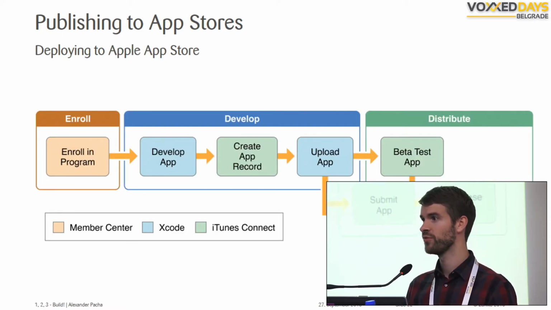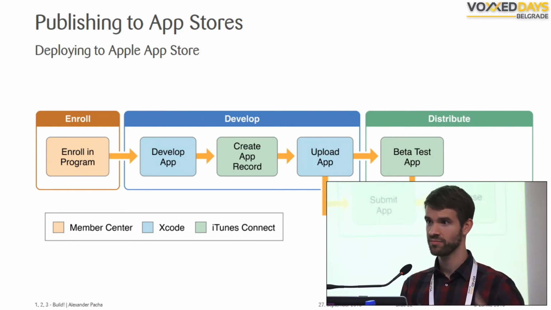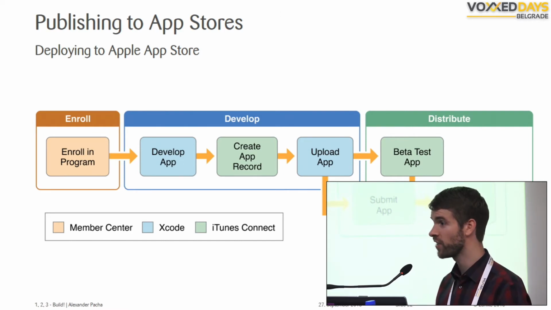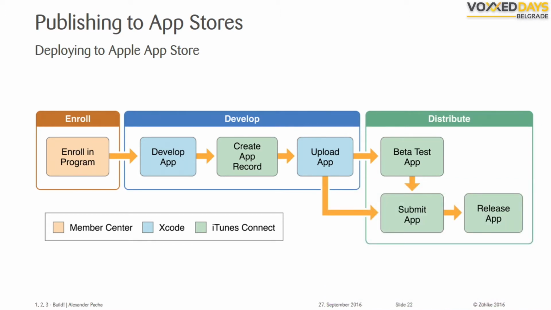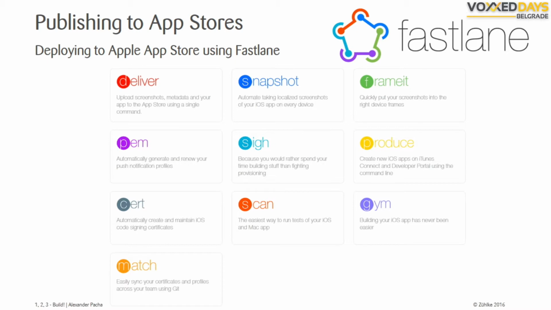If you develop for iOS, you have the same game, but a different flavor. So this is the official way of doing it. It's from the developer side from Apple. You develop, you distribute it, and to be honest, this is really tedious. So there's this guy from Germany, I think he's called Krause, Felix Kraus.